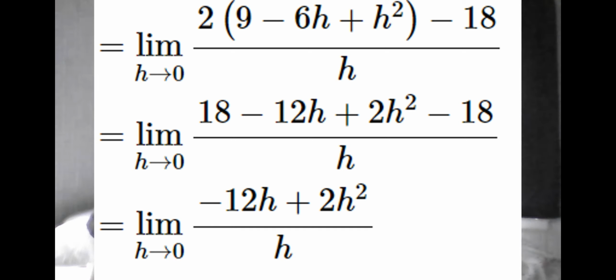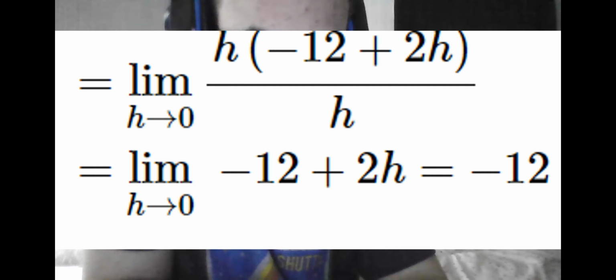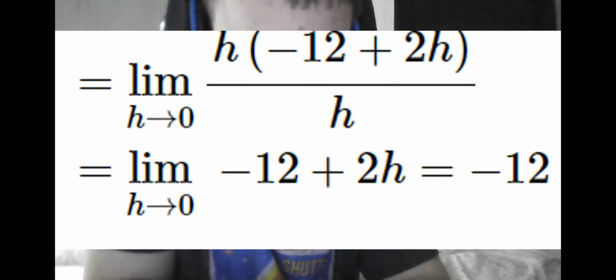We see that the two constants in this function, 18 and -18, cancel each other out, and so we can now factor out h from everything. So the simplified form becomes -12 plus 2h, and plugging in h equals 0 directly is -12 plus 0 equals -12, so that is the finite value of the limit.